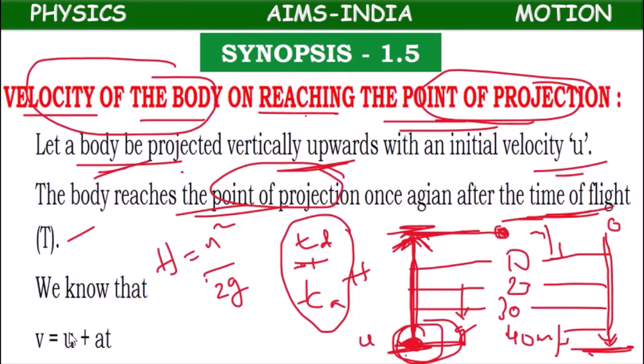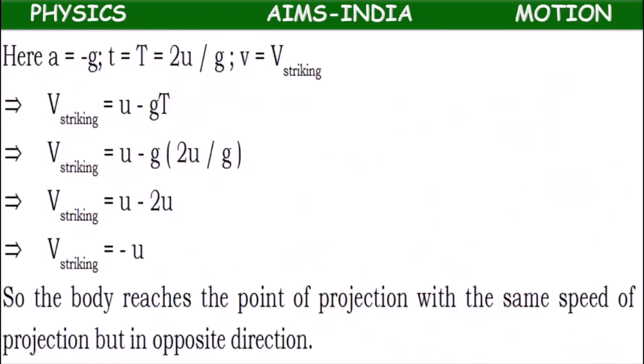So we know that v = u + at. This formula we already know. Because the body is going up, gravity is acting downwards. They are opposite, so gravity is taken as negative.